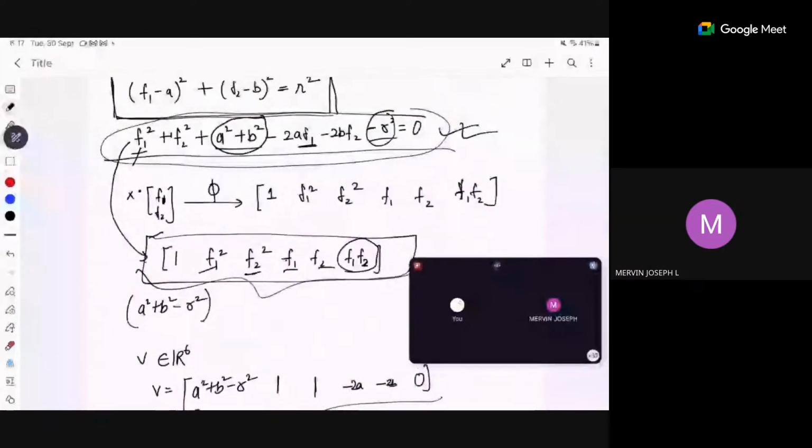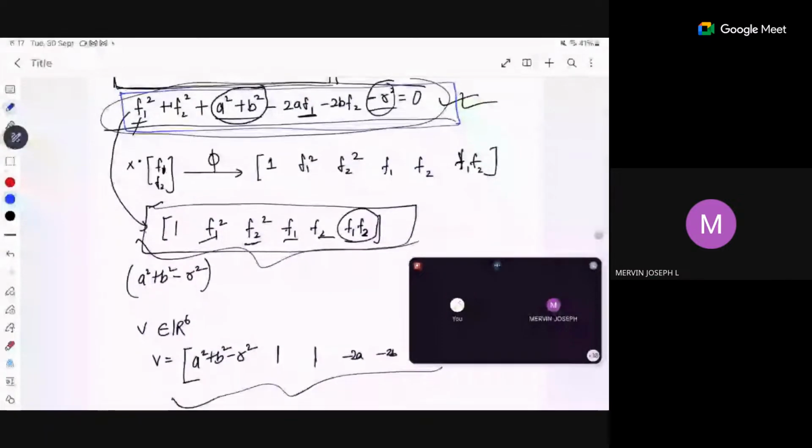Because if you look at the equation of the circle that we have done, there is no f1 f2 term, right? There can be some relationship between f1 and f2 as well, so we have put it here in the vector.